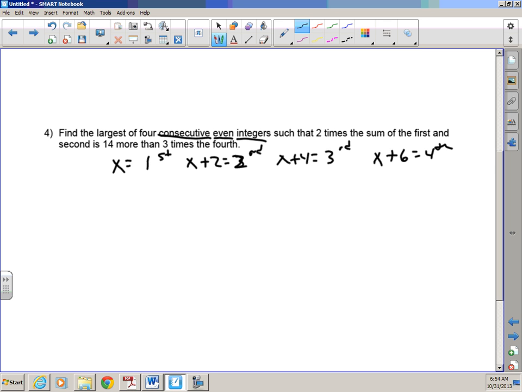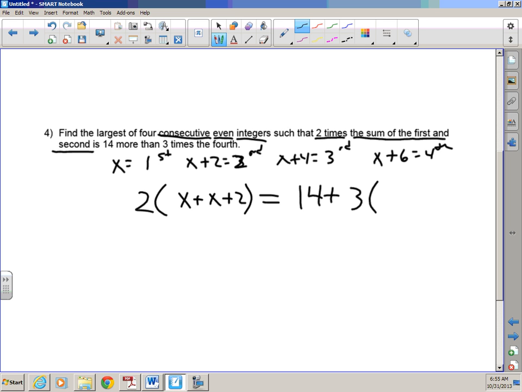Such that 2 times the sum of the first and second. So, 2 times the sum of the first and the second. I put that in parentheses because the sum has to come before multiplying. All right? Is my equal sign. 14 more than, 14 plus, 3 times the fourth. Now, you might be saying, well, you never used the third one.